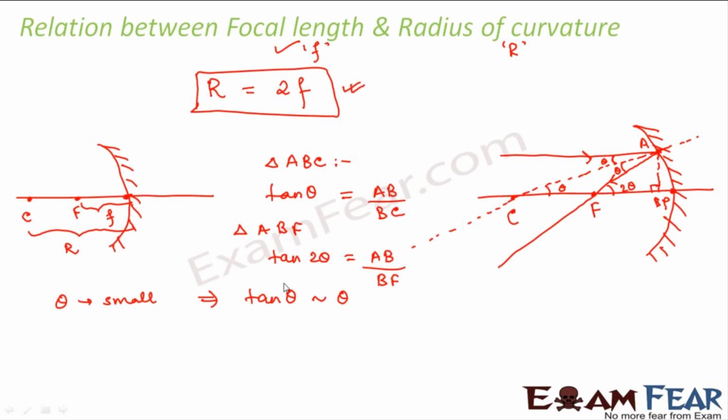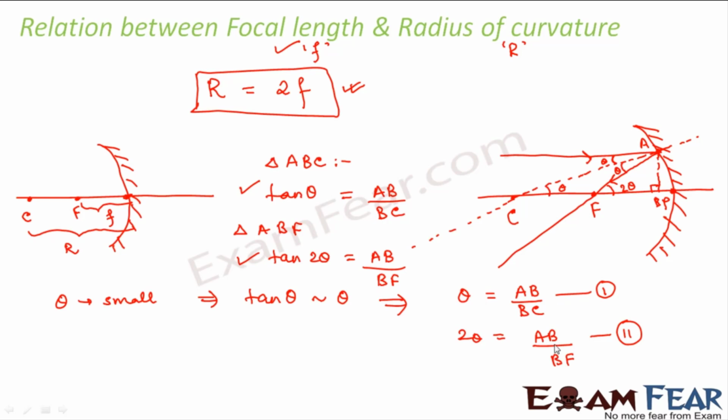So I am not going into the detail of why tan theta becomes theta when theta is small. For all these things you can refer to your mathematics videos. So tan theta becomes theta. So using that, these two expressions will become theta is equal to AB by BC. That will become my first equation, and 2 theta will be equal to AB by BF. This will become my second equation.